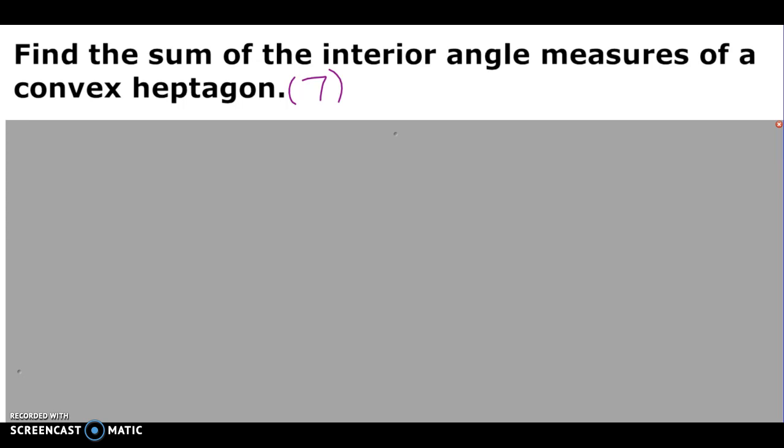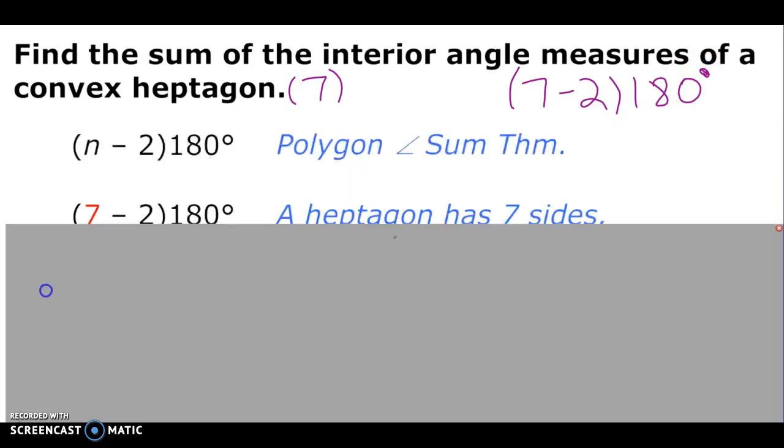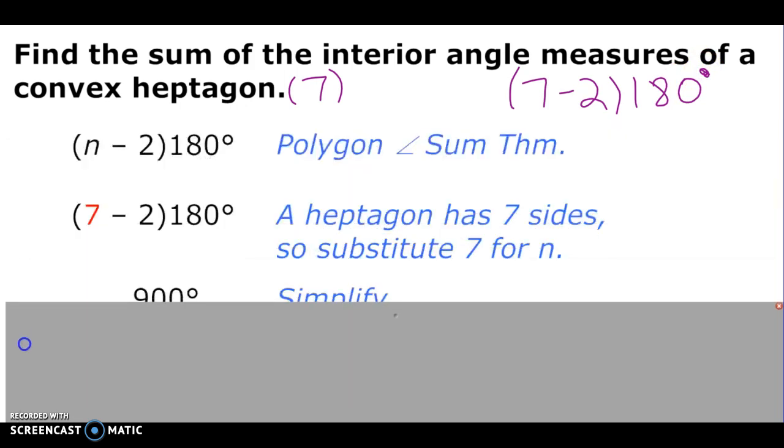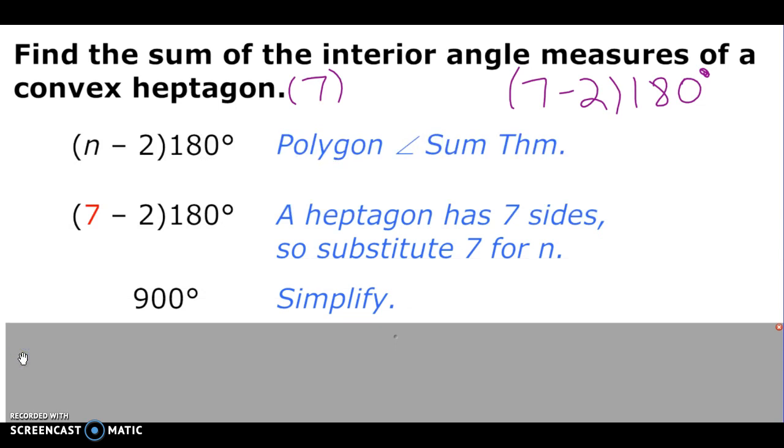What's our formula for that? 7 minus 2, times 180. So 7 minus 2 is 5. And then you simplify.